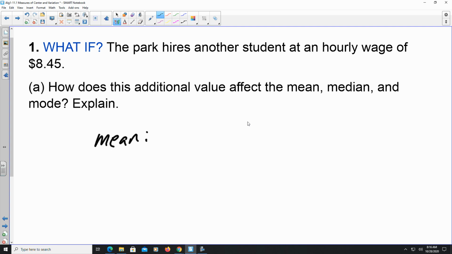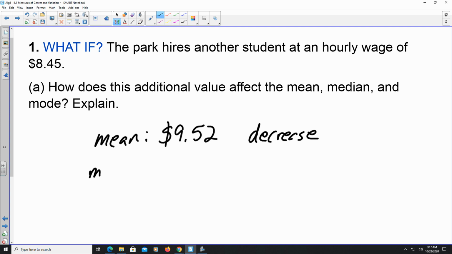So the new mean with the $8.45 is going to be $9.52. So what did that do to the mean? It actually decreased it. Makes sense that it decreased it because it's a smaller value than the original mean that was given to us, which was $9.65.